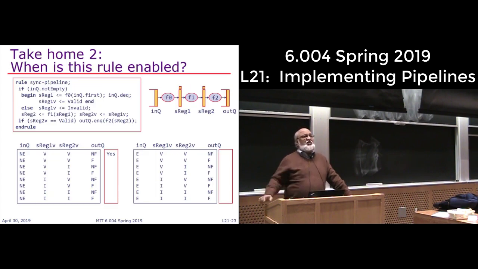The other thing I want you to do is analyze this code we had written. Just analyze, when can this rule fire? Under what conditions? What will happen inside this rule? If the valid bit is this, valid bit is that. It's not too difficult, forget about guards which are implicit.